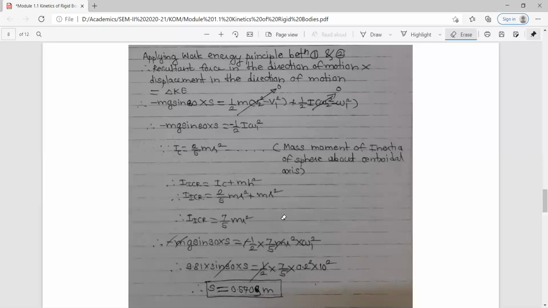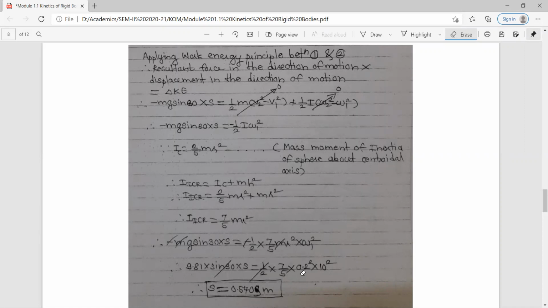So sine 30 is 1/2. This 1/2 will get cancelled here. Here it is 9.81 and this is 0.2.